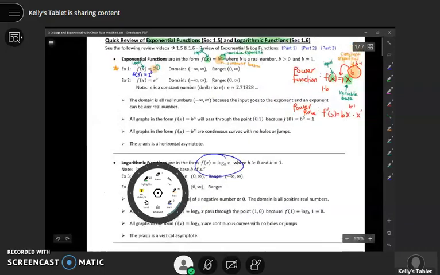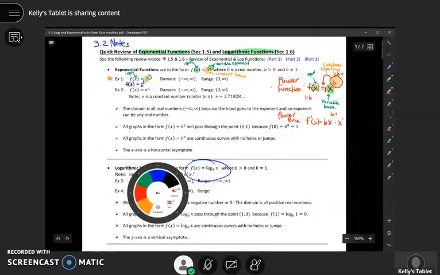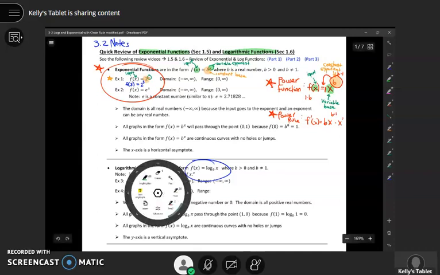But the difference between a power function and using power rule and an exponential function and using the exponential rule I'm about to show you is a matter of slowing your brain down and asking, where is the input being sent? What is happening to the input? What type of function do I have? That'll tell you which rule to follow. So let's jump over to our exponential rule for derivatives.